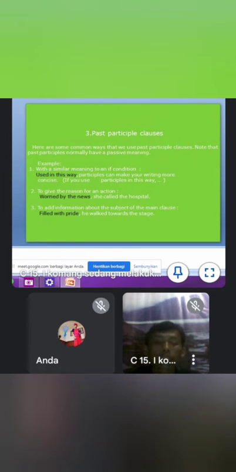The example: with a similar meaning to a condition, you can use it in this way. Participles can make your writing more concise.